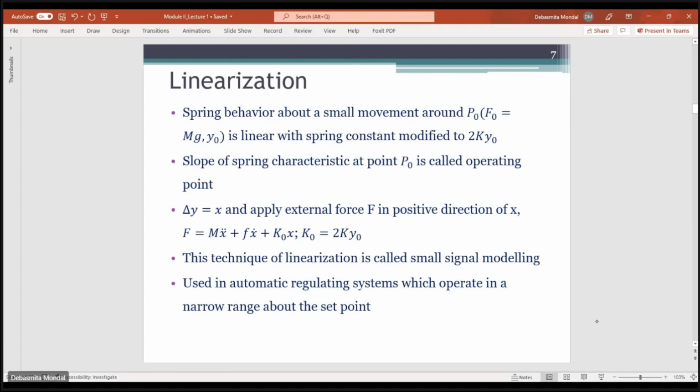And this point is known as the operating point of the whole system. This technique for linearization is known as small signal modeling. And this is valid only if we are dealing with a very small change in the output signal about a fixed operating point.